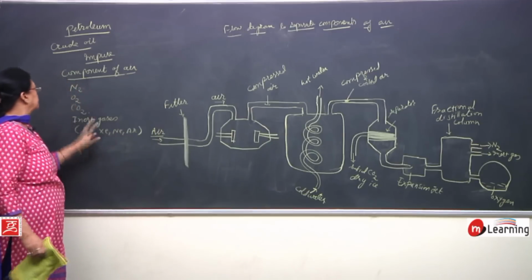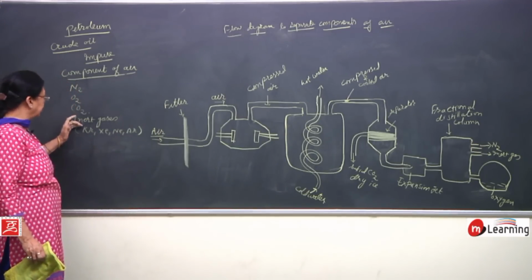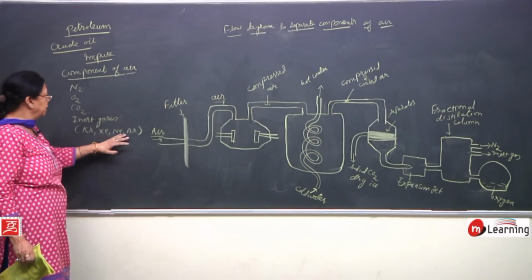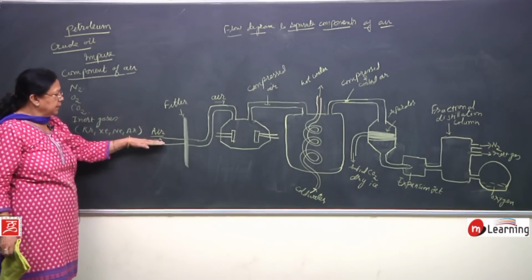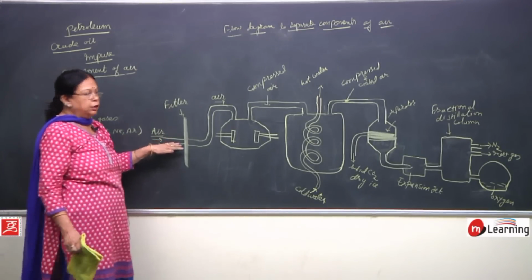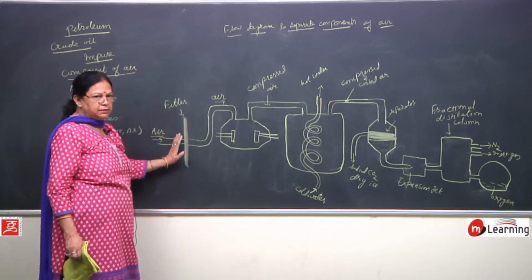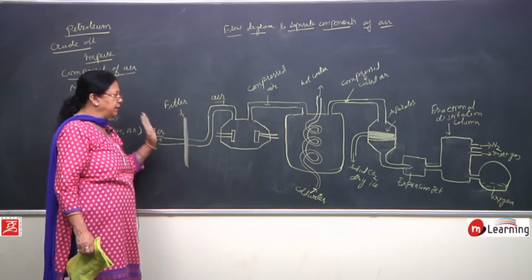Components of air are, children, nitrogen, oxygen, carbon dioxide, and inert gases, and inert gases are krypton, xenon, neon, argon, all, right. So, this air is first passed through the filter, so that the dust particles are separated, or you can say filtered.